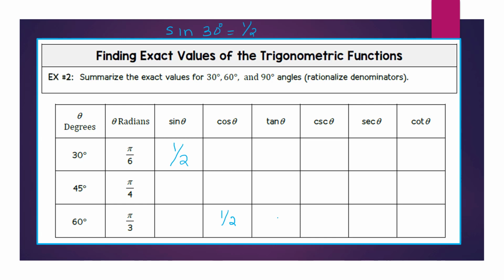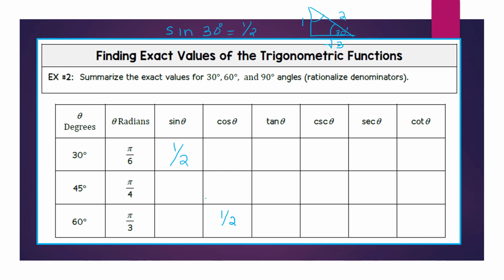They swapped off. Okay. Let me draw the triangle very quickly here. If that's 30 and this is 60, then we got 1, this is 2, this is square root 3, right? That's 60 up there. So if I were talking about cosine of 60, this is 60 right here. Here's my adjacent.